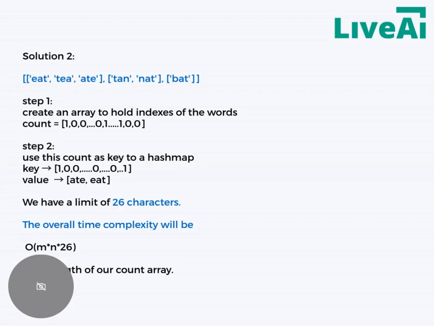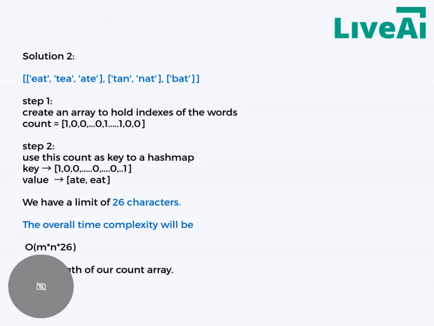So if I use this count array as my key, the key remains the same for all these three words. So I can use this count key in a hash map, and I just keep appending the value, which is ate, eat, whenever I find the same key, right?